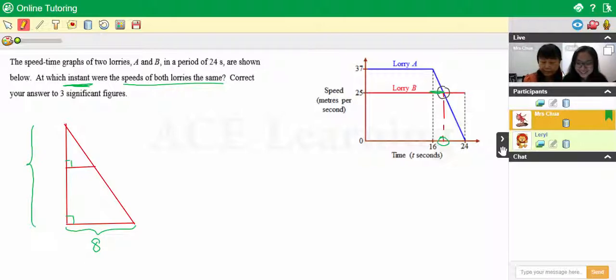What's that length? 37. Good. And how about here? 12. How do you get 12? 37 minus 25 meters per second. Good. So we have 12 here. Now, I mentioned that we have to find this length, right? Yes. Let's call it x.